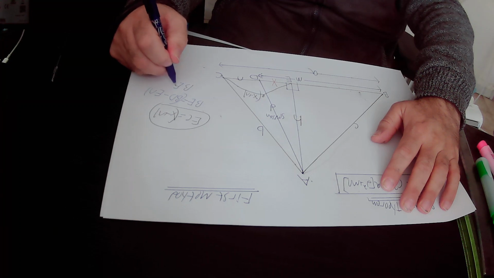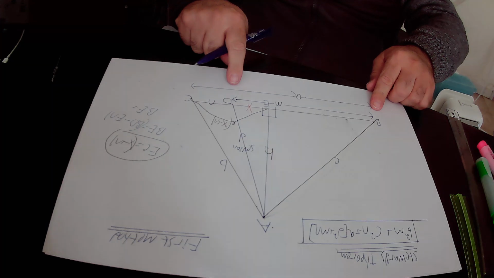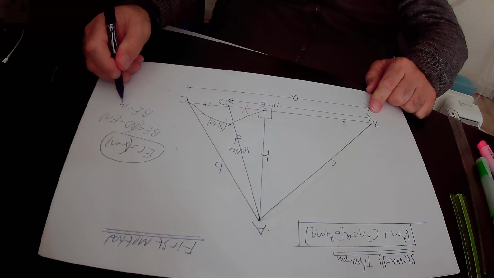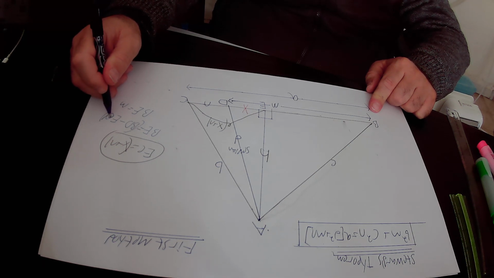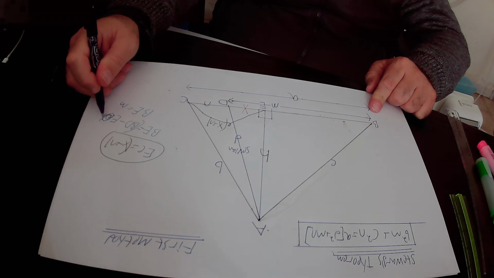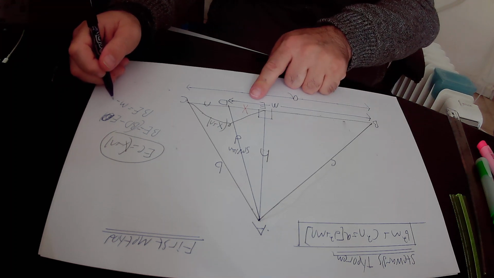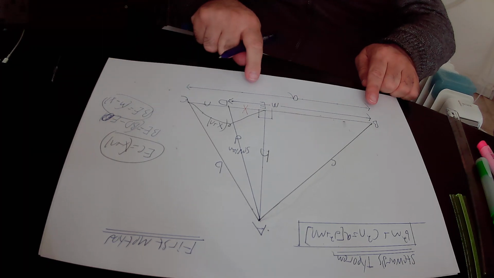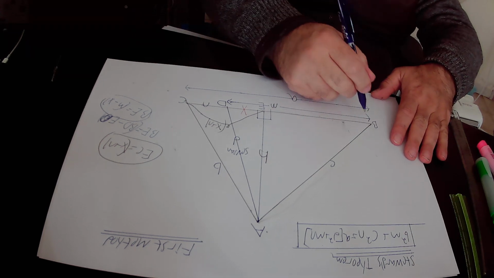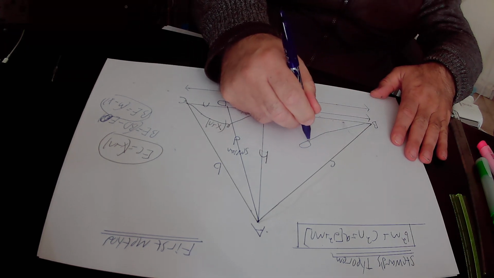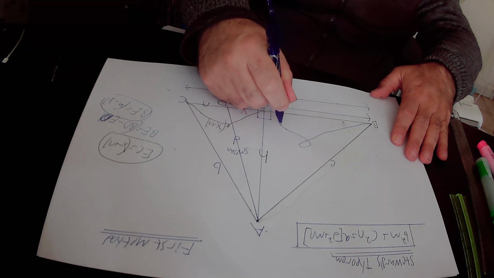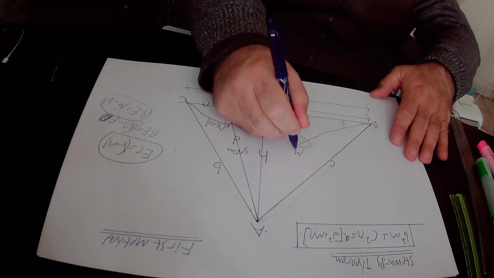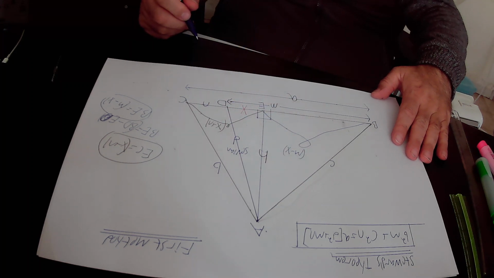So BE equals, BD is M, so substitute BD by M, minus ED. ED equals X, so substitute ED by X. So in conclusion, we found out that BE equals M minus X units in its length. So I can write down here in the drawing that this line segment BE equals M minus X units in its length. Okay.